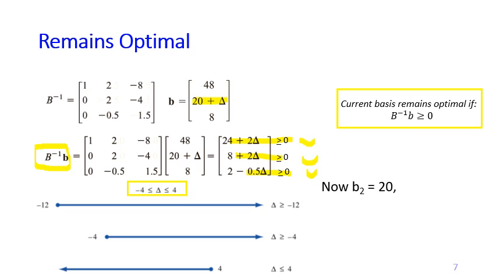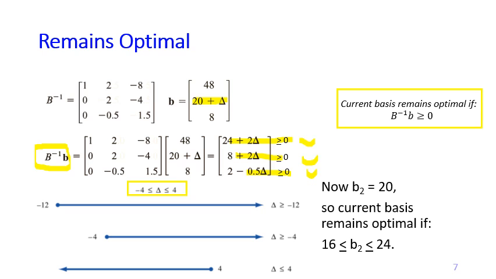The current value for b2 is 20, so it means that the current basis remains optimal if the value of b2 is between 16 and 24. 16 is because 20 goes down 4, 24 is because 20 goes up 4 units, according to this allowable change.